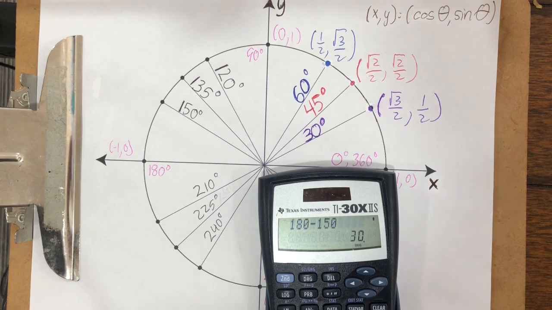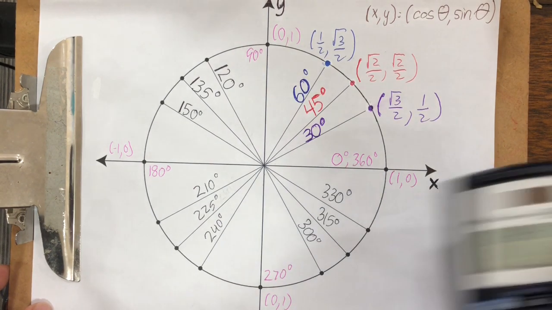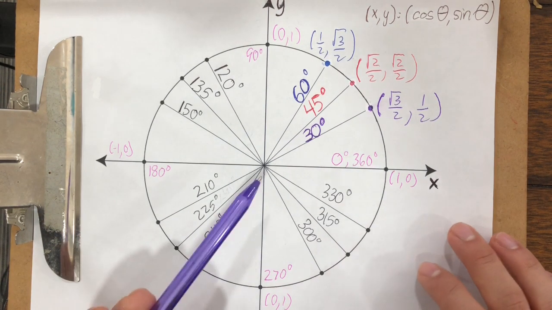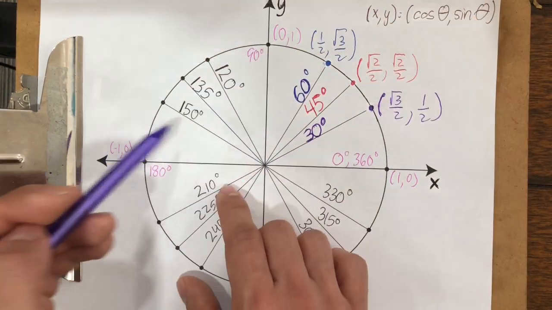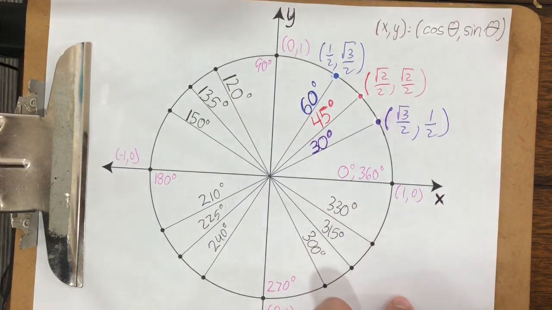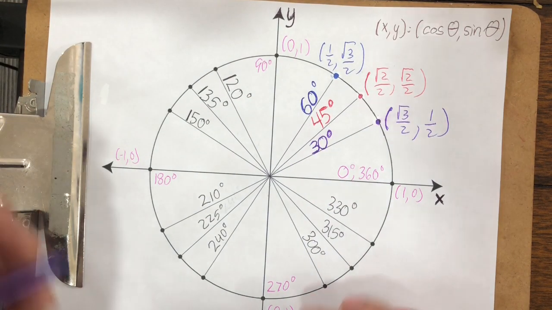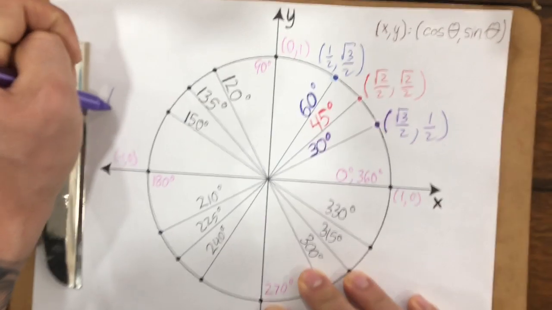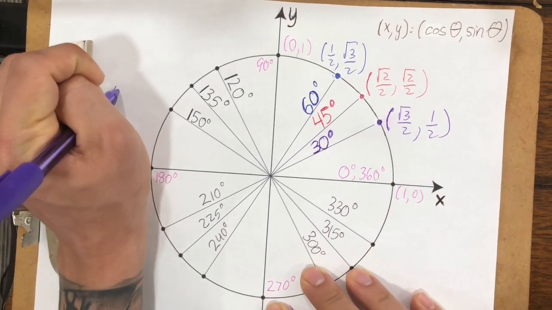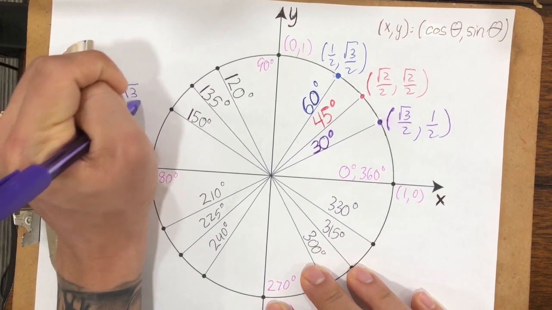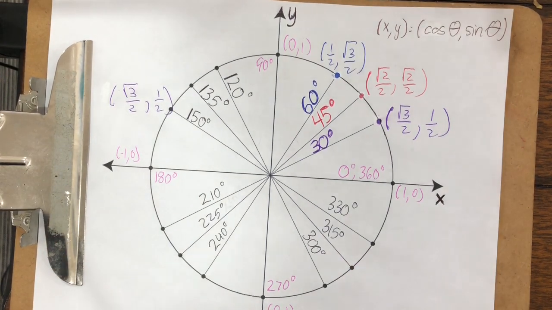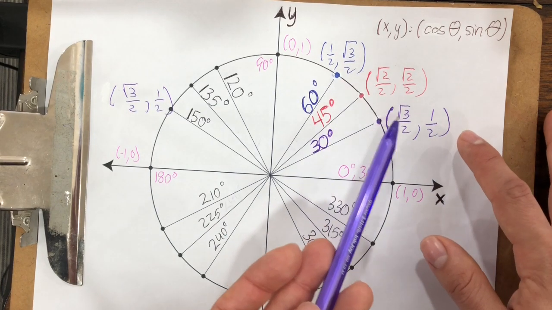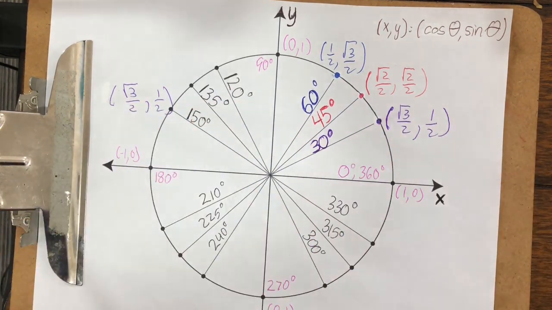So my reference angle for 150 degrees is 30 degrees. I'm going to take my purple pen and copy this, and paste it in the same spot for 150 degrees. So we have root 3 over 2, comma 1/2. I copied the x and y coordinate from 30 degrees to the same spot as 150 degrees.